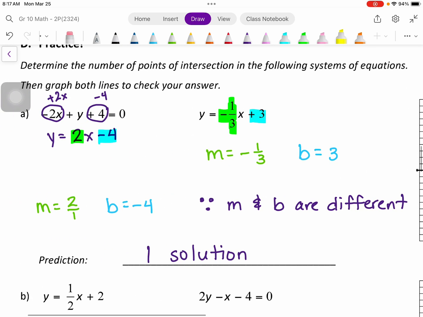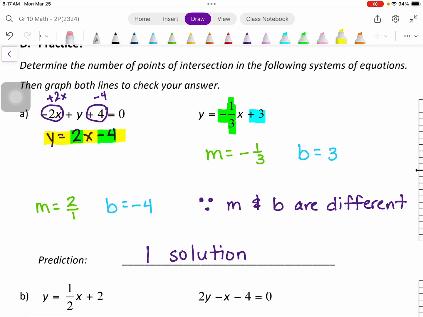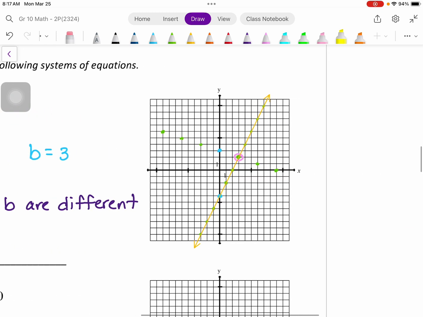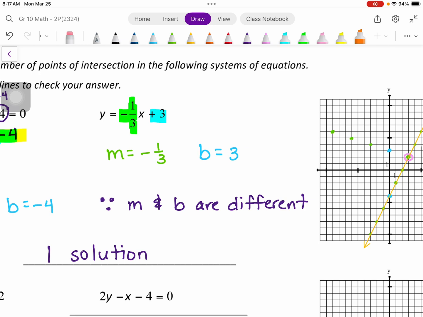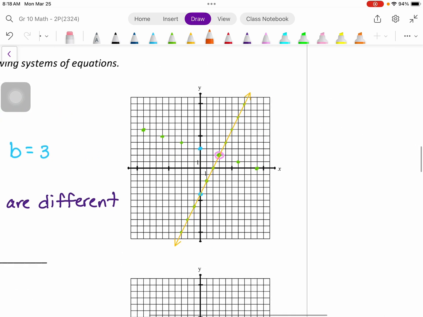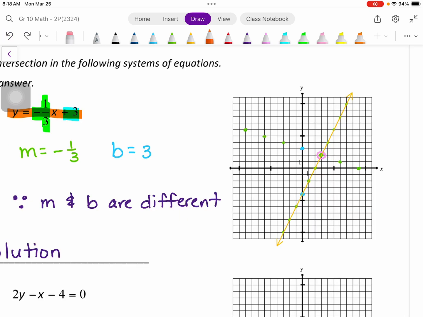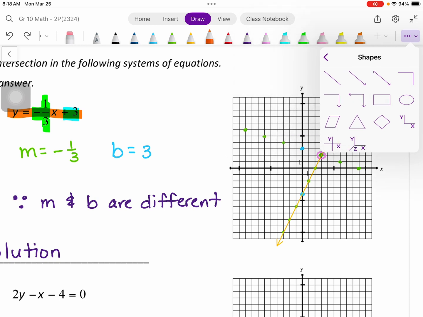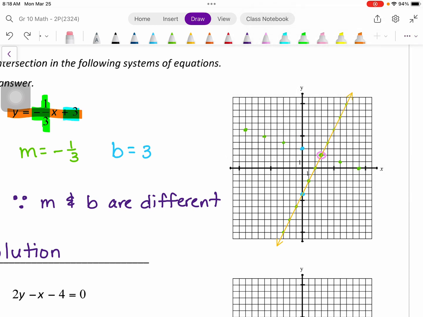So that yellow one was y equals 2x minus 4. And then the orange one will be y equals negative 1/3 x plus 3.